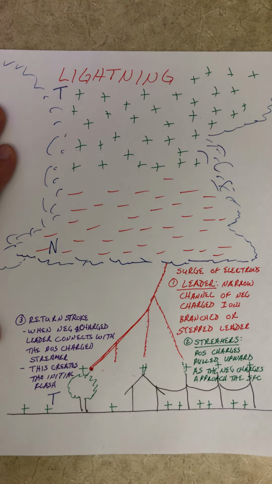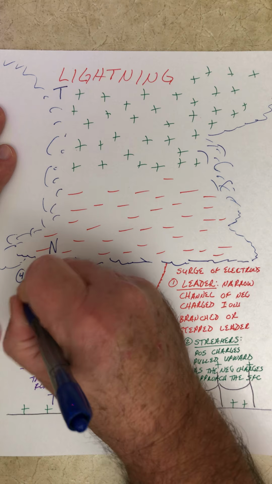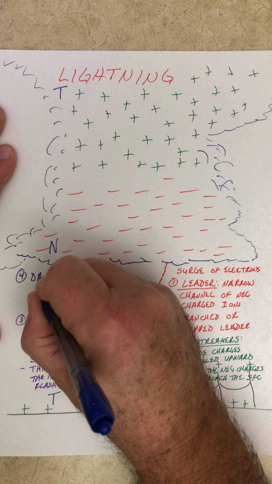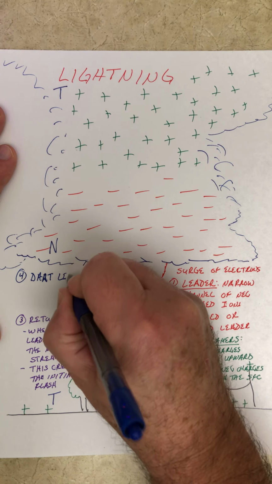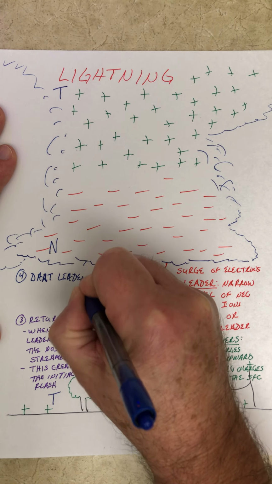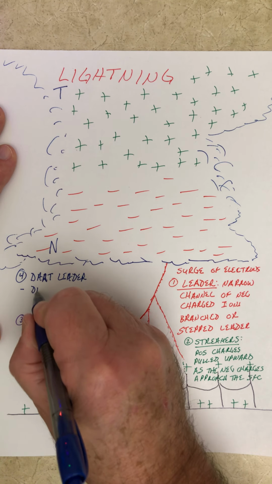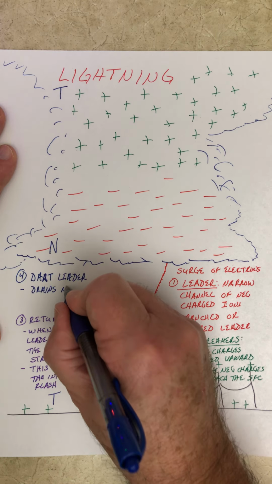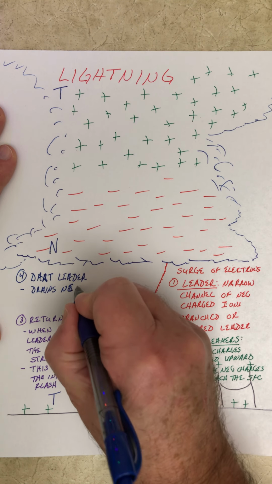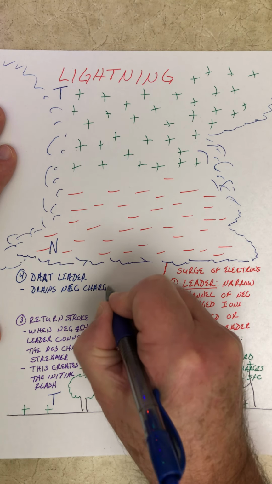The last part, the fourth part of our lightning bolt, is what's called a dart leader. Okay. And these you are very familiar with. Okay, so what a dart leader does is it drains negative charges, the negative ions from the cloud.